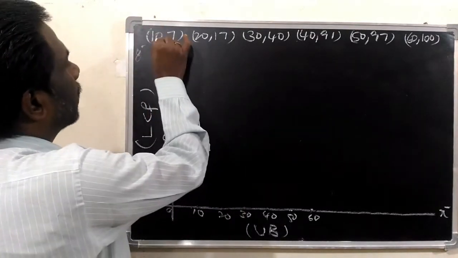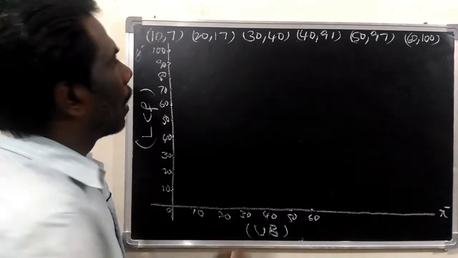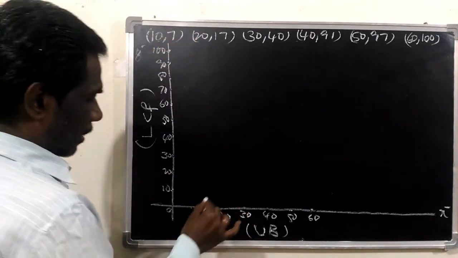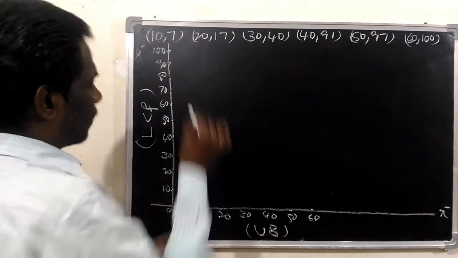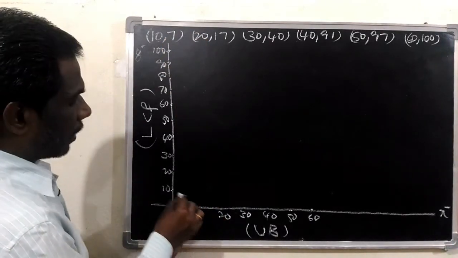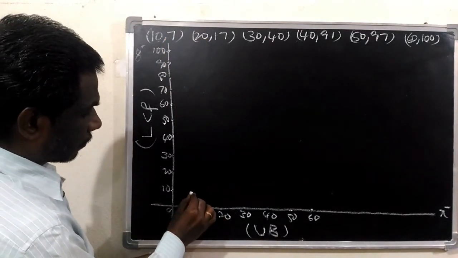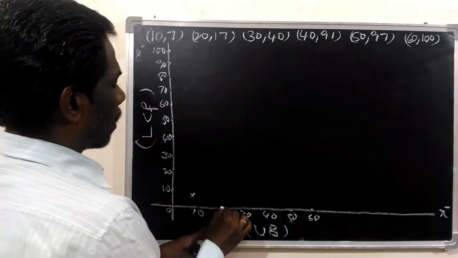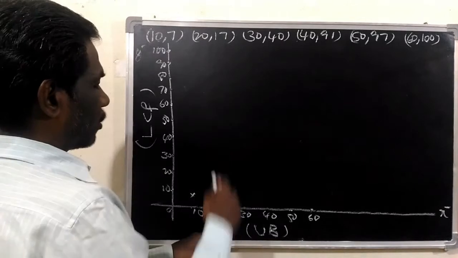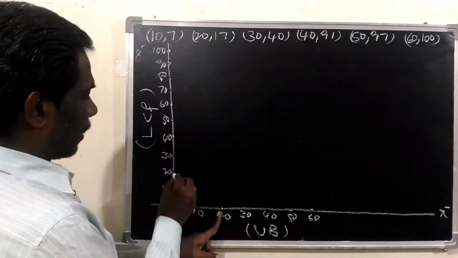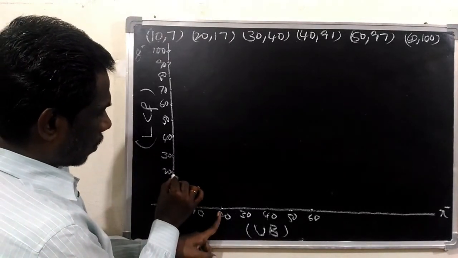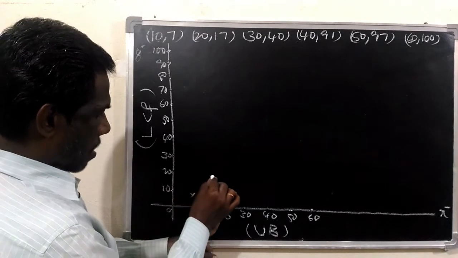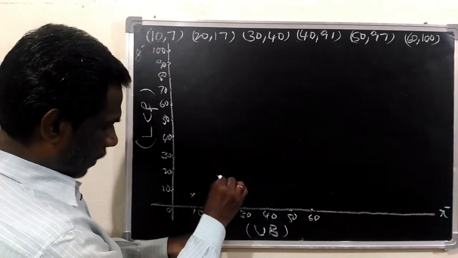The first point is 10 comma 7: on the X-axis 10 and on the Y-axis 7, which is below 10. Next, 20 comma 17: on the X-axis 20 and the Y-axis 17, which is below 20.